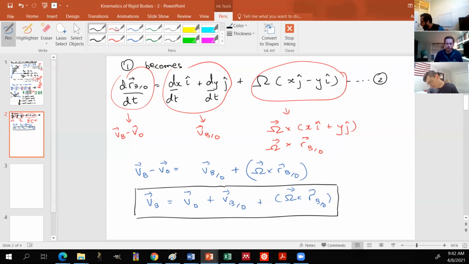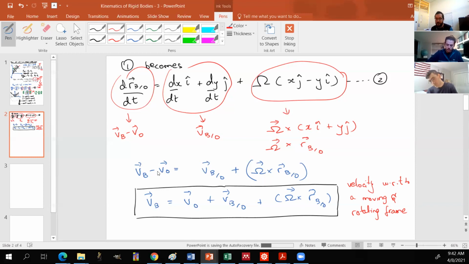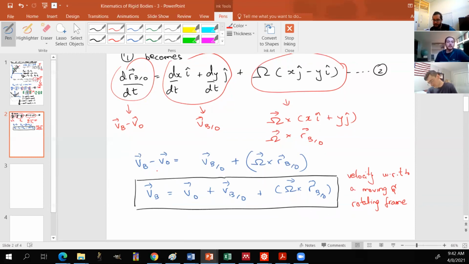This is called the velocity with respect to a moving and rotating frame. All right, very important equation, and also valid for any 2 points on a rigid body. Same logic applies.